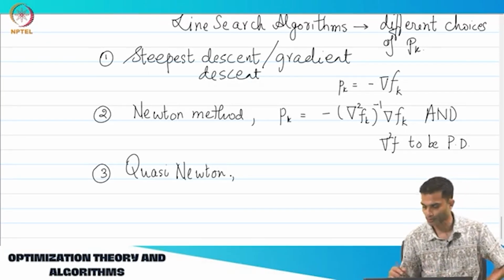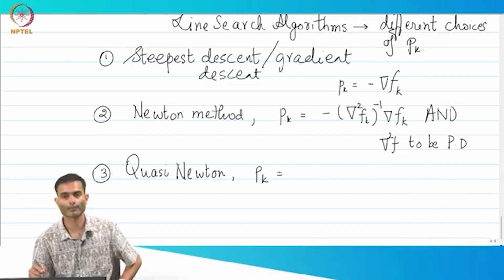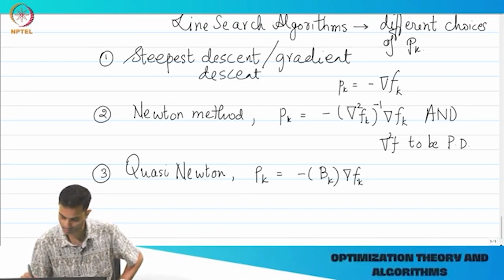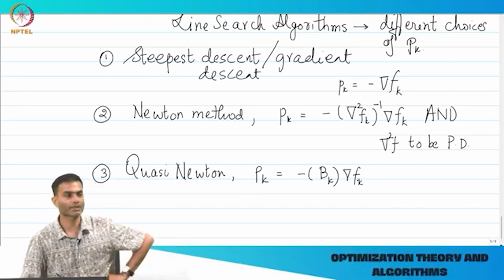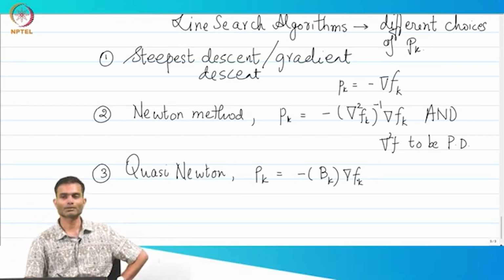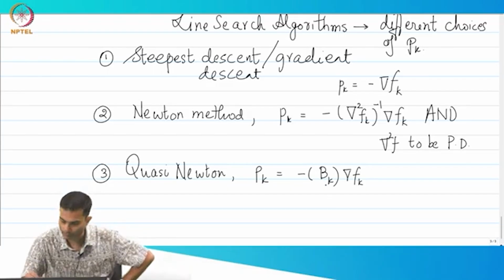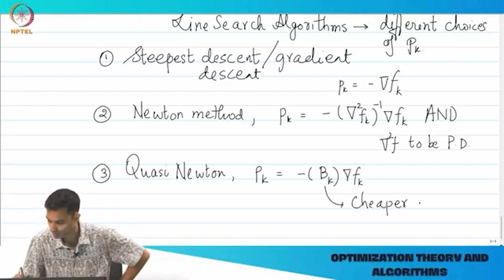Right, so the quasi-Newton method, basically what it does is that instead of working with the Hessian, it will do something like this. Okay, so what is this Bk? Bk is essentially a cheaper approximation of the Hessian inverse.